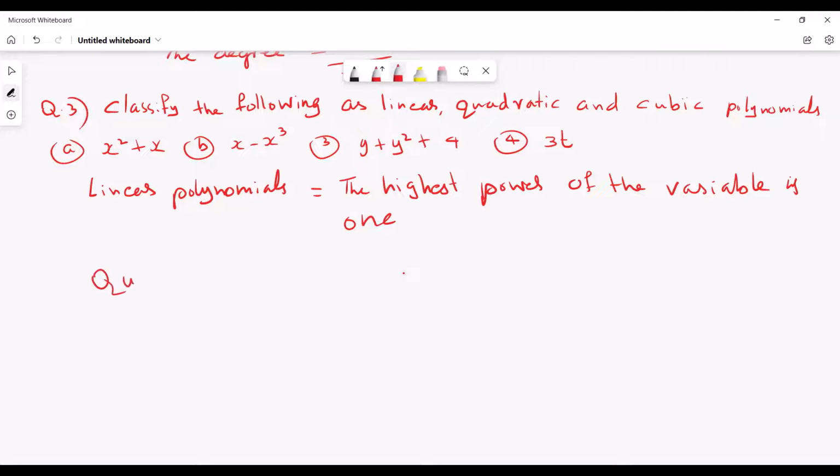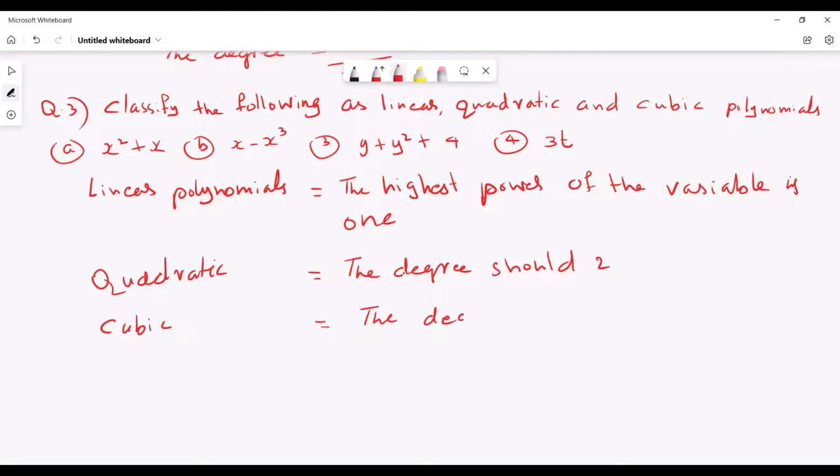And for quadratic, the degree should be 2. If the degree is 2, then we can say it is a quadratic. And for cubic, the degree is 3.